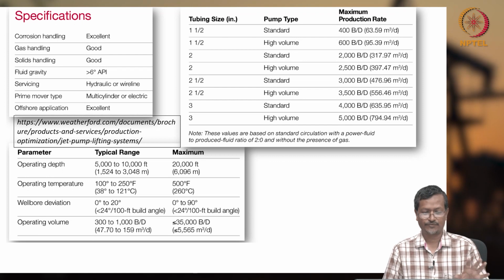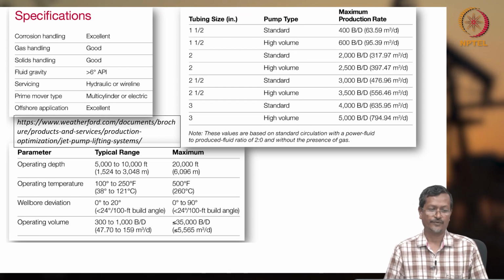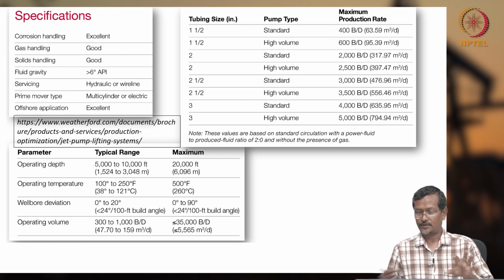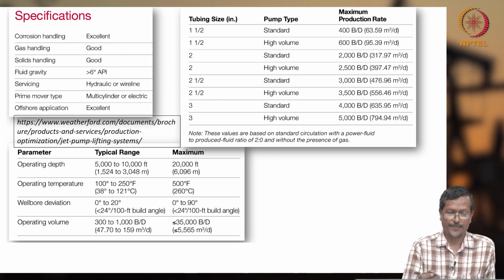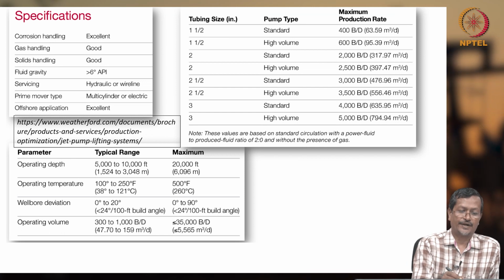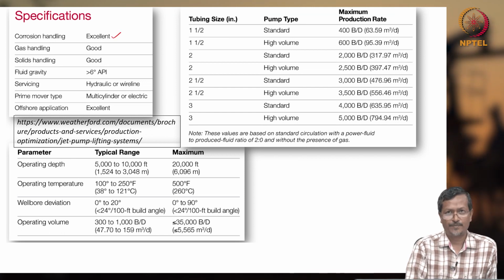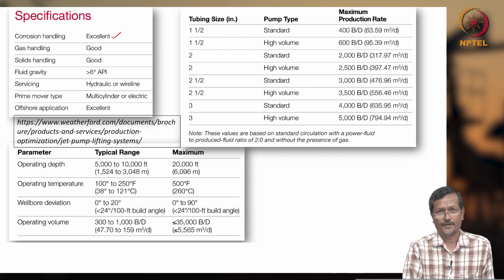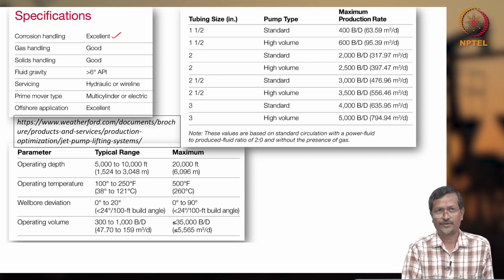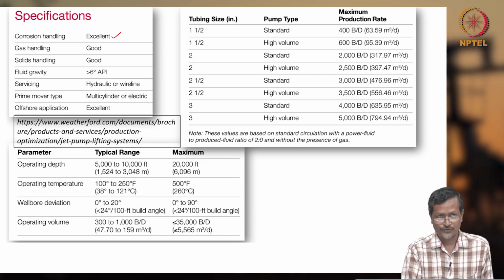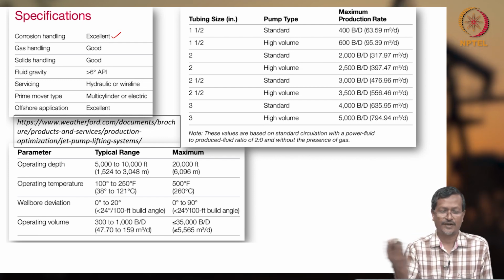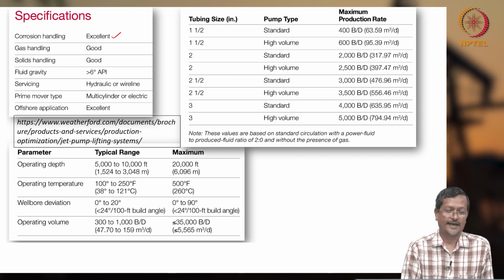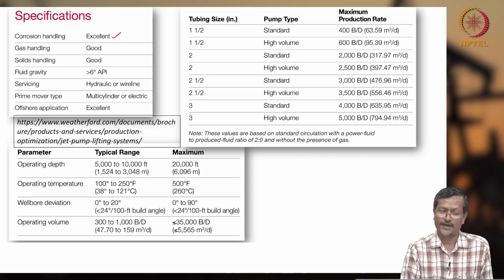Again, this information is taken from the same Weatherford document, just to give an idea of the size, the flow rate and the criteria for a jet pump. Corrosion handling is excellent for a jet pump because from the surface you are pumping power fluid, and you can give it some anti-corrosive agent. Gas handling is good, and solid handling is also very good.